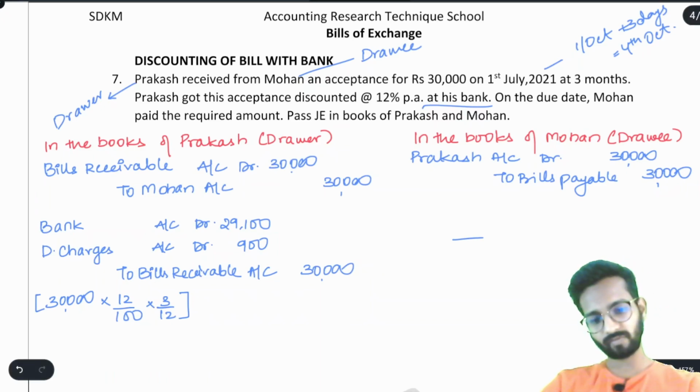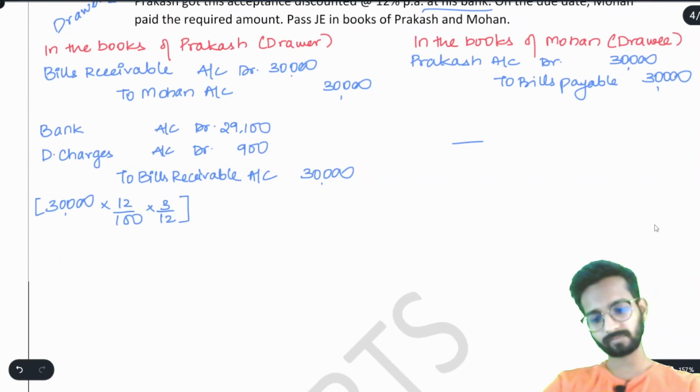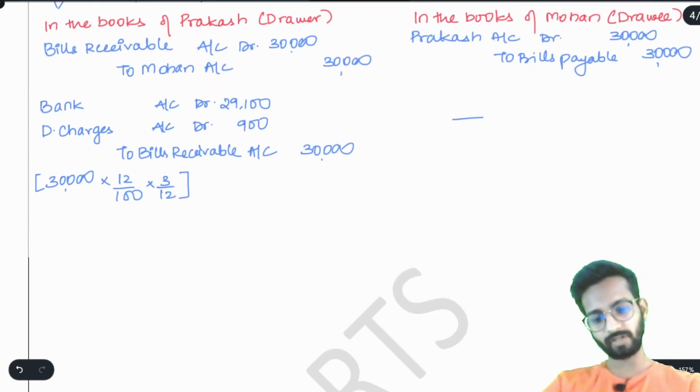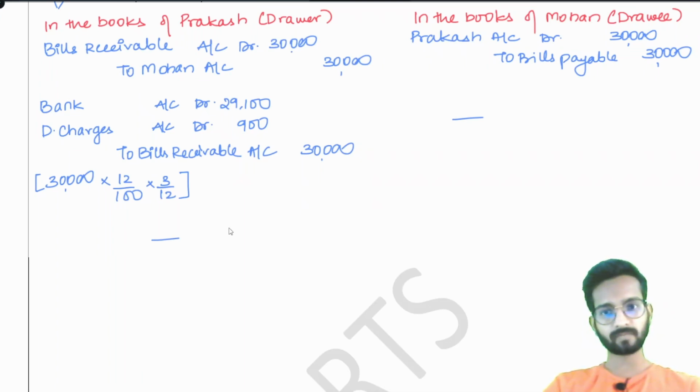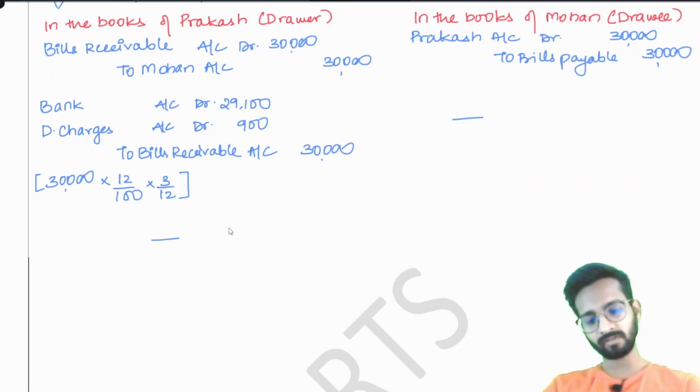Now, moving further, what is happening on the due date? On the due date, Prakash will not pass any entry. Why? Because Prakash is not supposed to receive any money from anybody. From Mohan he will not receive because he has already received the money. From the bank he has nothing to receive because the bank has already given him the loan against that bills receivable. So everything is gone.